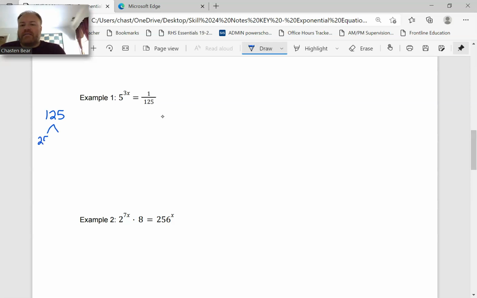If I multiply 25 times 5, I get 125, and 25 is 5 squared. So we can see that 125 is the same as 5 cubed. So 1 over 125 would be the same as 1 over 5 cubed.